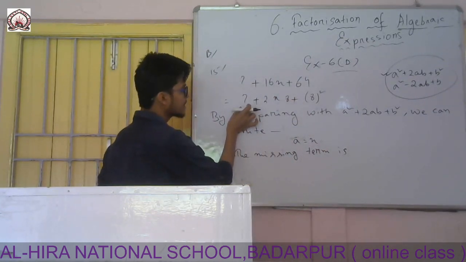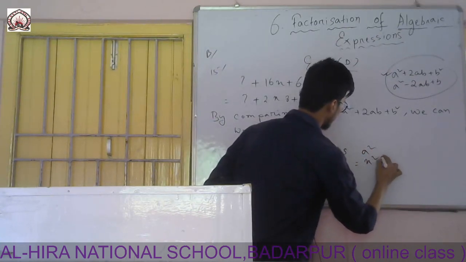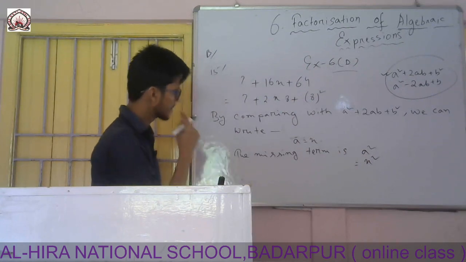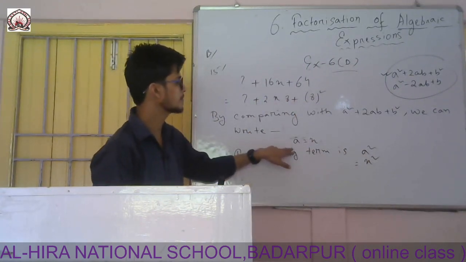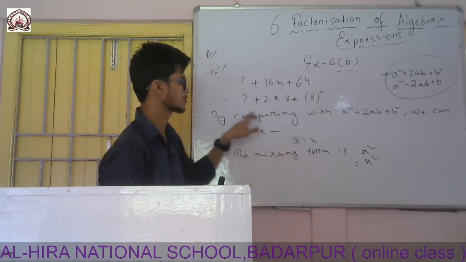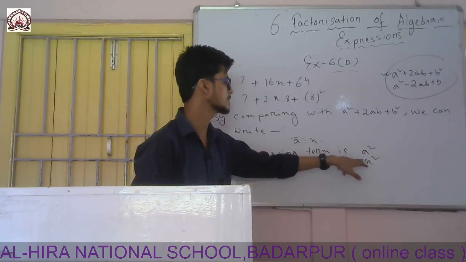A square. That means it will be a square, and if it is a square then the answer will be x square. The first term and last term are squares. Here we have simply found the value of a, not a square. So the missing term is a square, that means it is x square.